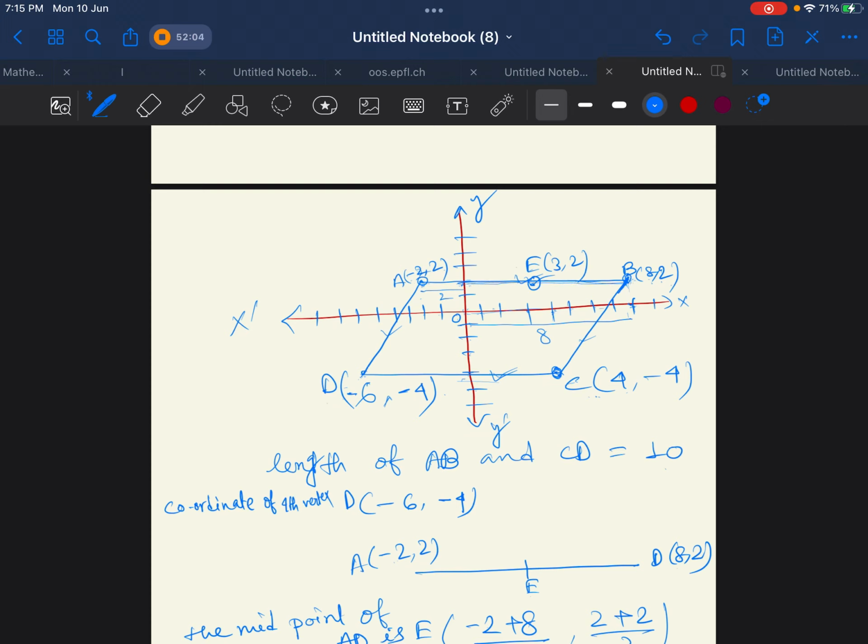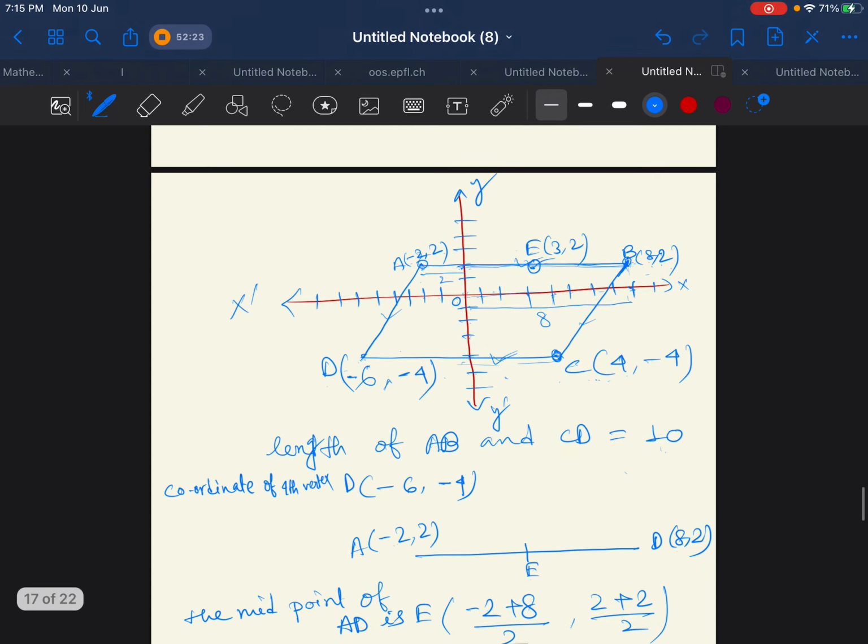So we get the length of AB is 10, and we also get the length of CD is 10. The opposite sides are the same, so if the length of AB is 10, the length of CD is always 10.